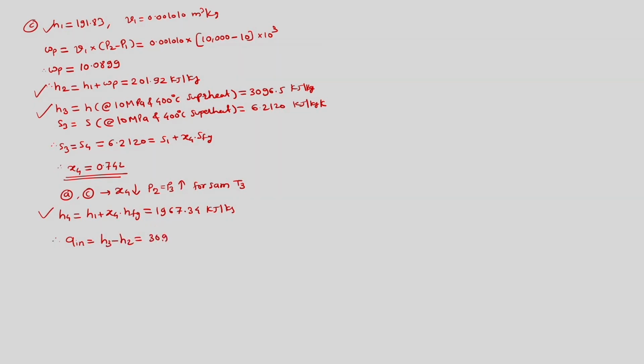So it is 3096.5 minus 201.92, and Q in is 2894.58 kilojoule per kg, and Q out is equal to H4 minus H1, where H4 is 1967.34 and H1 is 191.83.